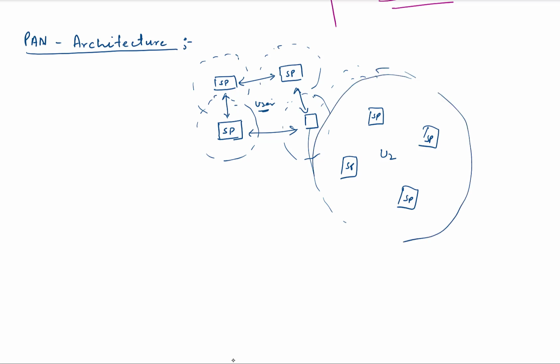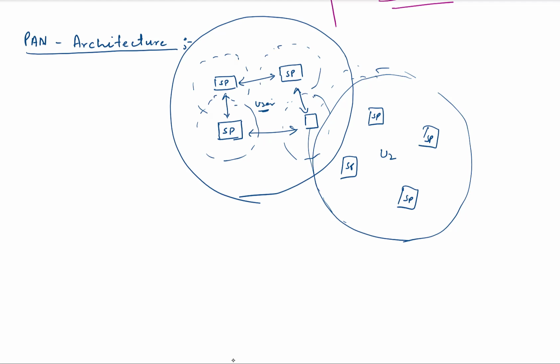So this is going to be one PAN, this is going to be another PAN, and these two PANs are intersecting each other, and inside these two PANs the POS of each device is already intersecting each other's POS. This is how these small networks are formed.